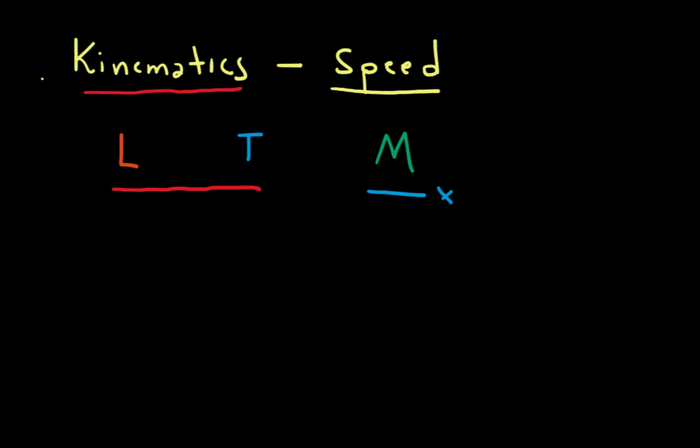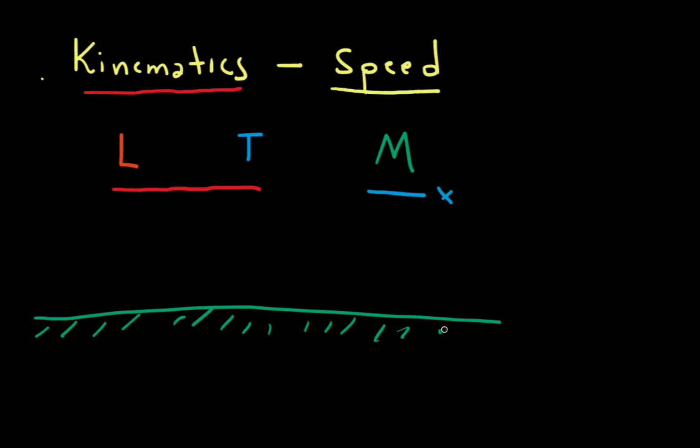And everyone is familiar with this example because let's assume we had a car, and this car is driving on a straight road. And this road has a speed limit. Everyone knows how to adhere to some speed limit. Most speed limits for highways in the state of Wisconsin are 70 miles per hour.